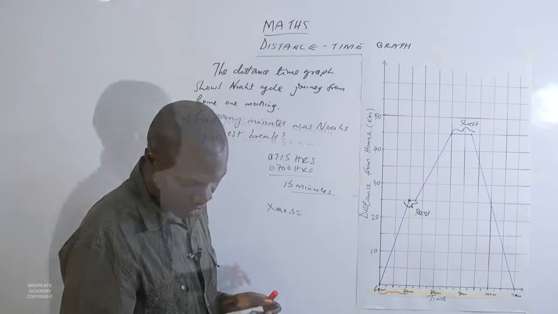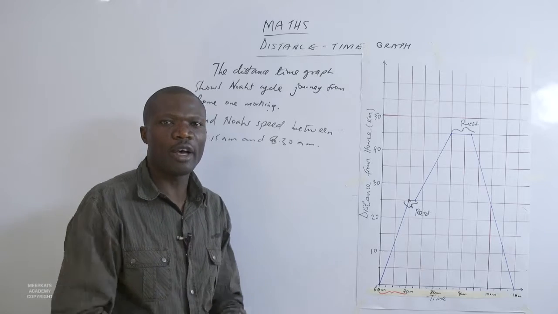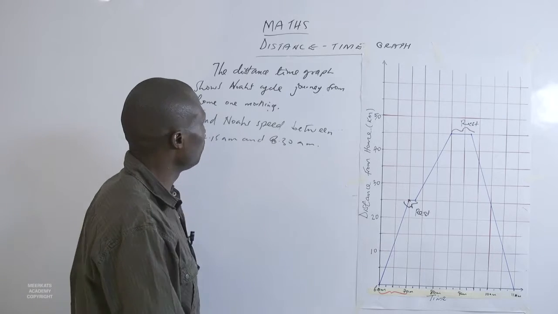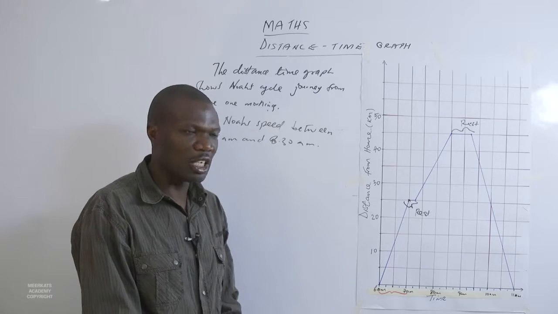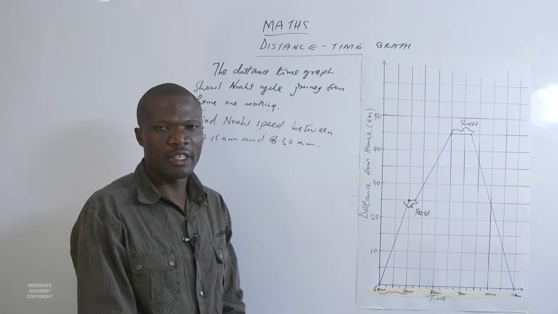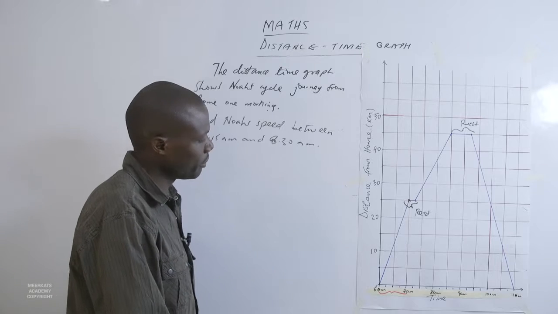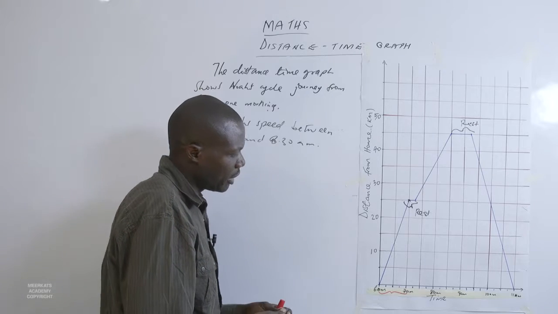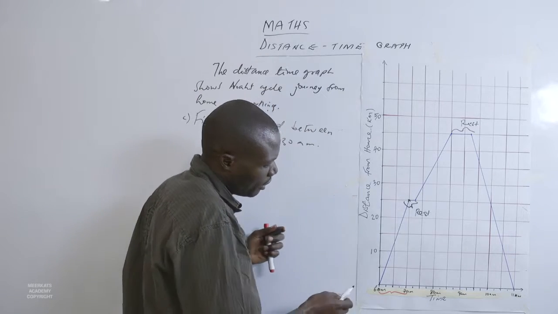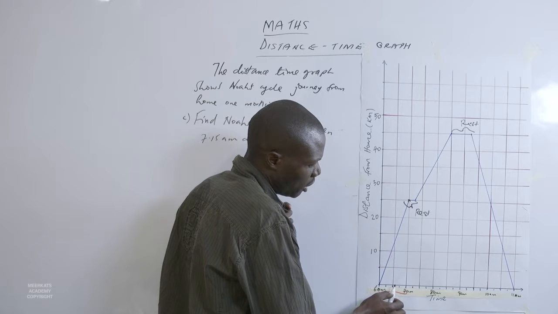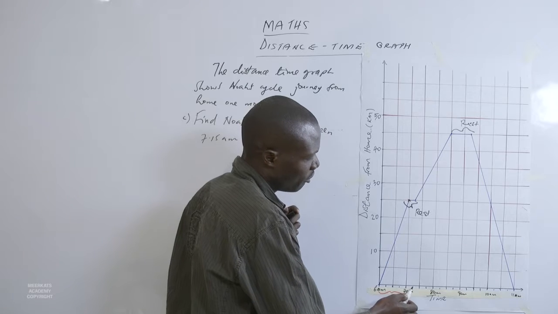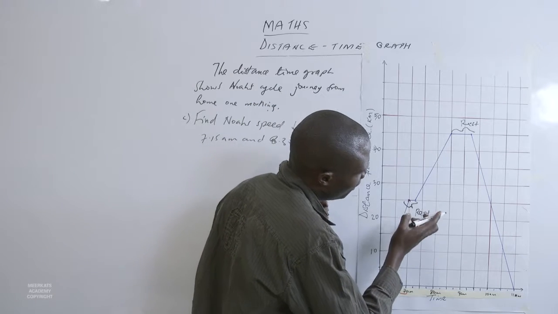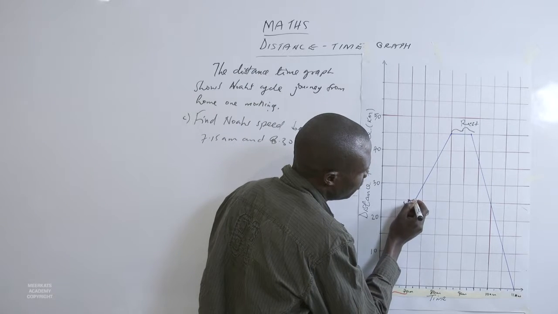15 minutes. In this question, we are asked to find the speed, that is Noah's speed, between 7:15 in the morning and 8:30 in the morning. 7:15, when you look here, this is 6, 6:15, 6:30, 6:45, 7:15. 7:15 is when the rest was ending.